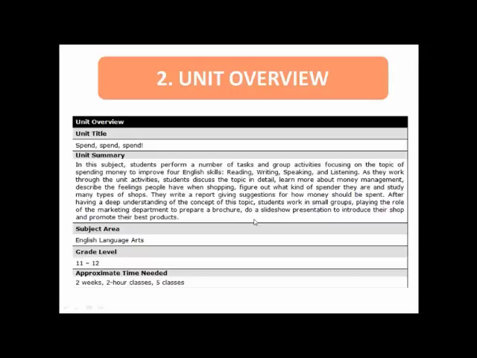As they work through the unit activities, students discuss the topic in detail, learn more about money management, describe the feelings people have when shopping, figure out what kind of spender they are, and study many types of shops. They write a report giving suggestions for how money should be spent, and after having a deep understanding of the concept of this topic, students work in small groups, playing the role of the marketing department to prepare a brochure, do a slideshow presentation to introduce their shop, and promote their best products.